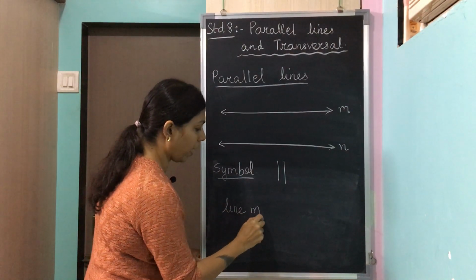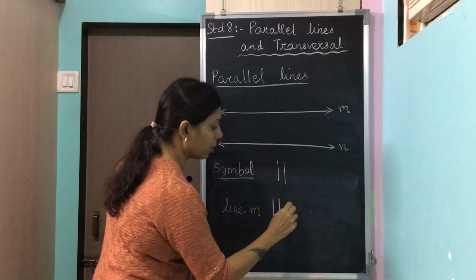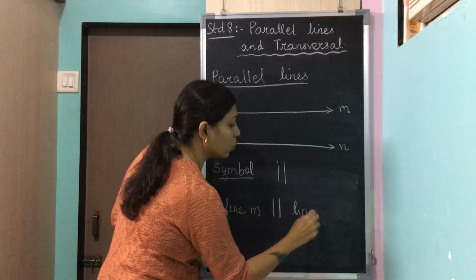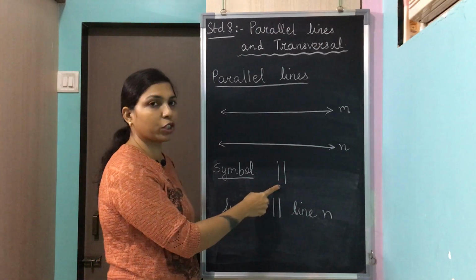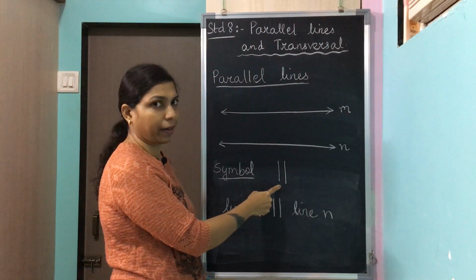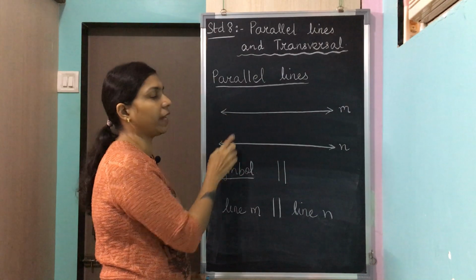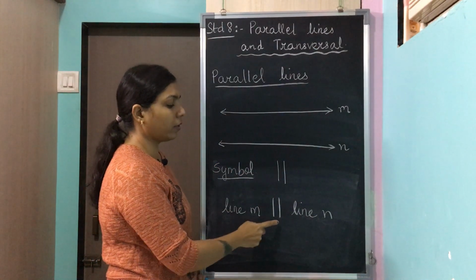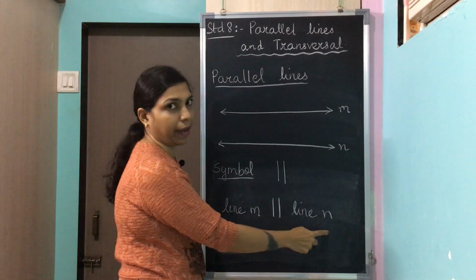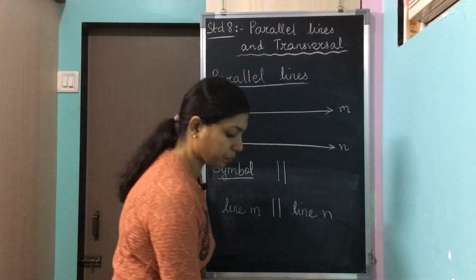Line M is parallel to line N. Okay, so this is your symbol which is used to show the word parallel, and if you have to explain this diagram, you will write it as line M is parallel to line N. Okay, so please copy this down.